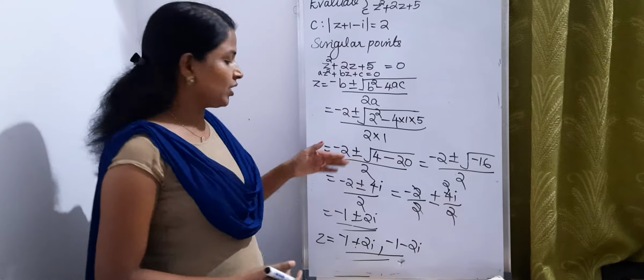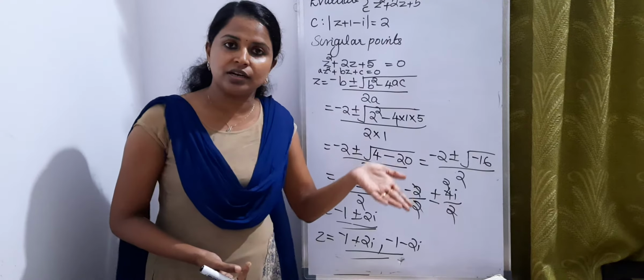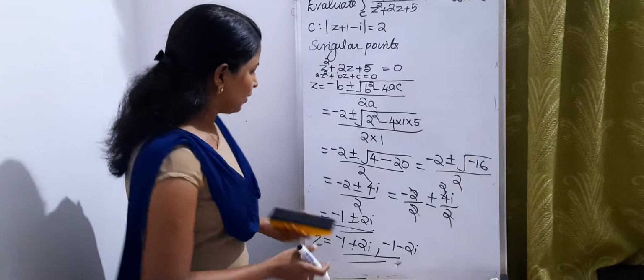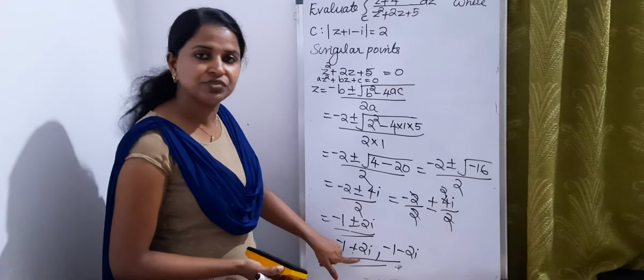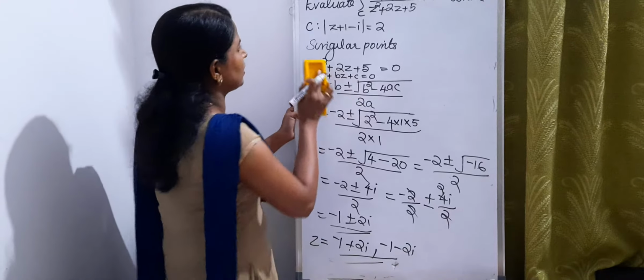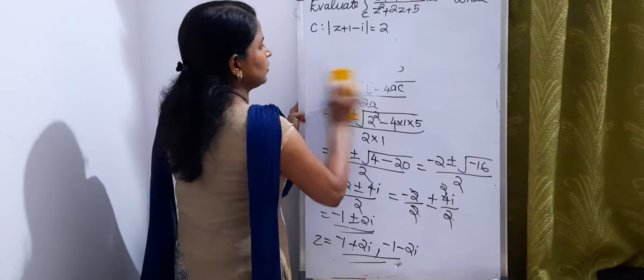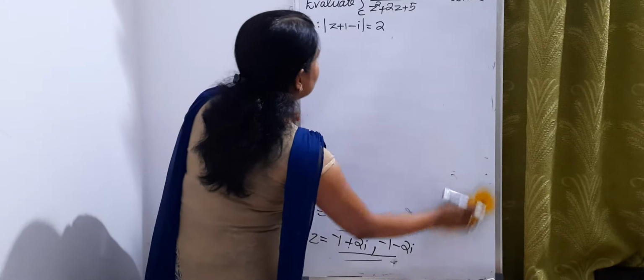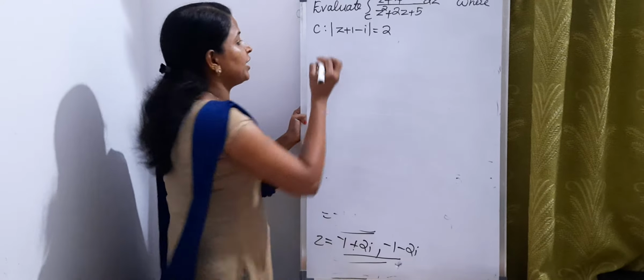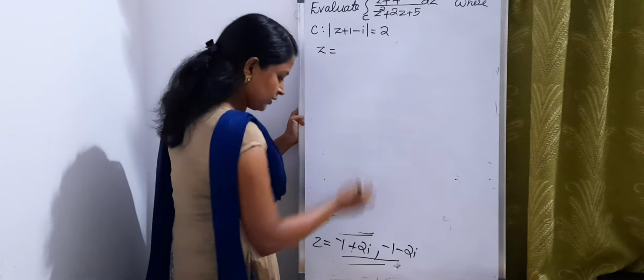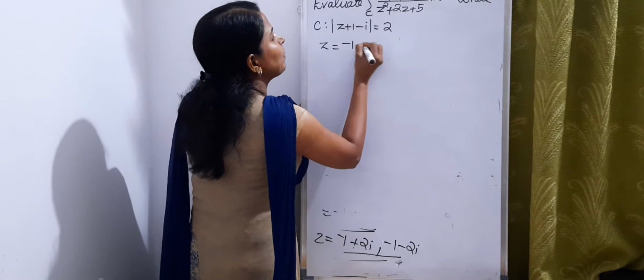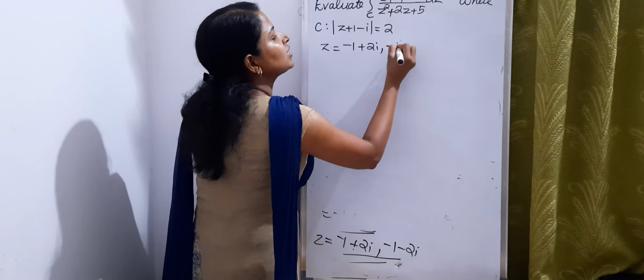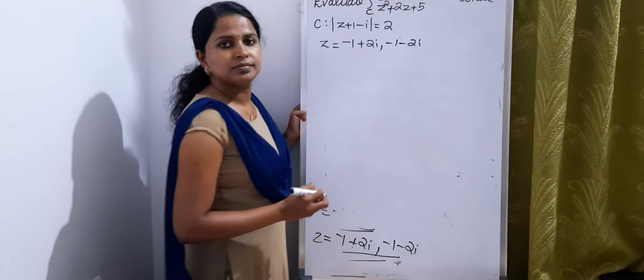Then we check whether each singular point is inside the circle or outside the circle. First we take the point -1 + 2i. We get z = -1 + 2i, -1 - 2i.